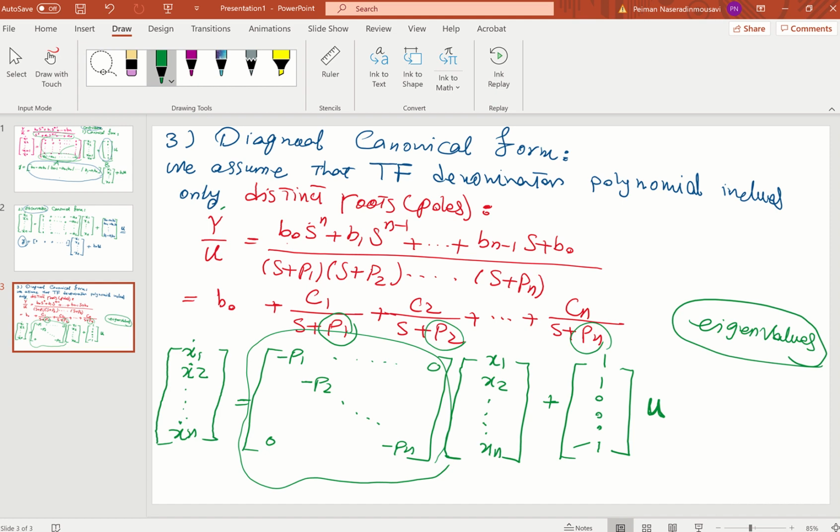The output comes from this equation: constants c1, c2, cn times the state variables x1, x2, xn, plus b dot u again.